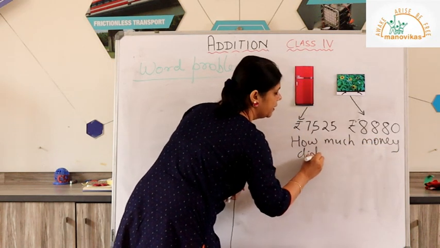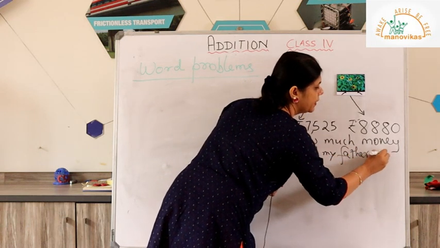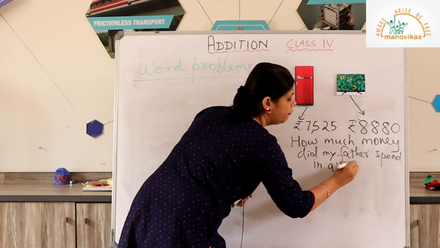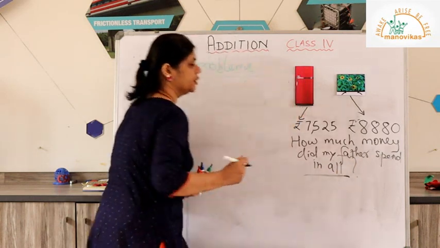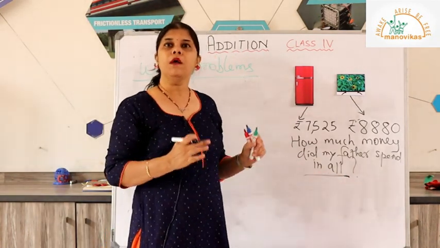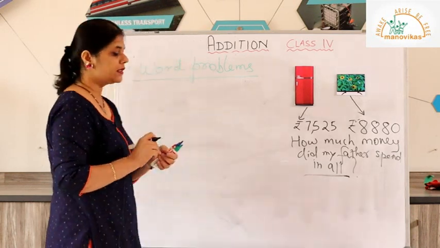If you read this question properly, you will find the words in all. Now, in all means what you will do, children? You will definitely add. So, let us solve.